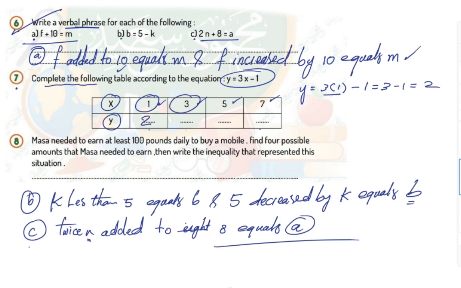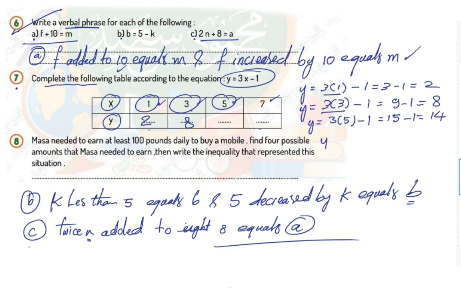Next x value 3. y equals 3x minus 1, so 3 times 3 equals 9, 9 minus 1 equals 8. Okay, at x equals 5, y will be 3 times 5 minus 1, 3 times 5 equals 15, minus 1 equals 14.